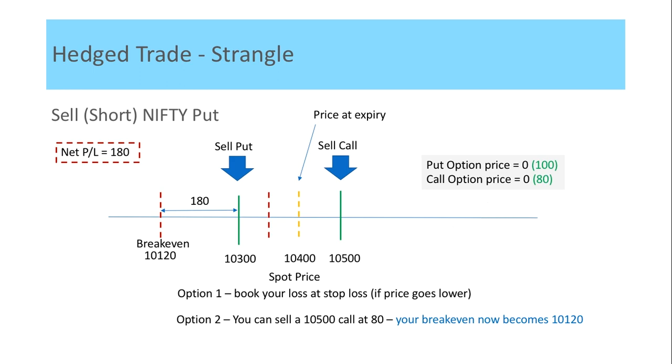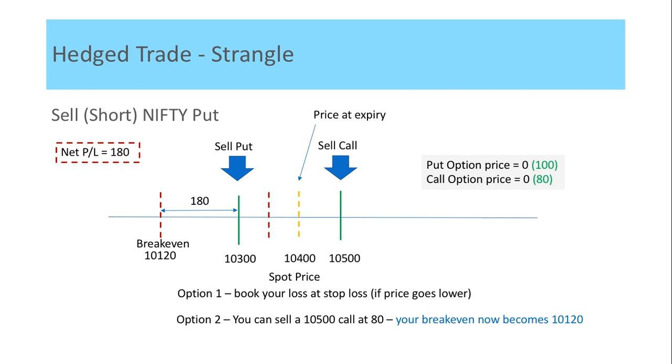An important distinction here. In case you're wondering that the break even here is 10,120, so why are we so worried about our stop loss being triggered here? Please remember that this is the break even at the time of expiry. And at the time of expiry, both our option contracts are only going to have intrinsic value.